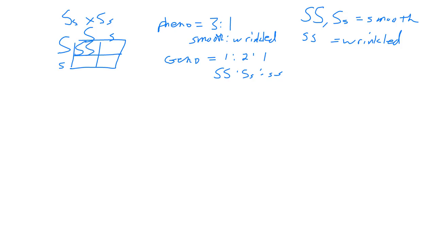We get big S, big S, big S, little s, big S, little s, and little s, little s. So 3 of the 4 offspring are going to be smooth. 1 is going to be wrinkled, a 3:1 phenotypic ratio. And we say big S, big S occurs once, big S, little s occurs twice, and little s, little s occurs once. So a 1 to 2 to 1 genotypic ratio.